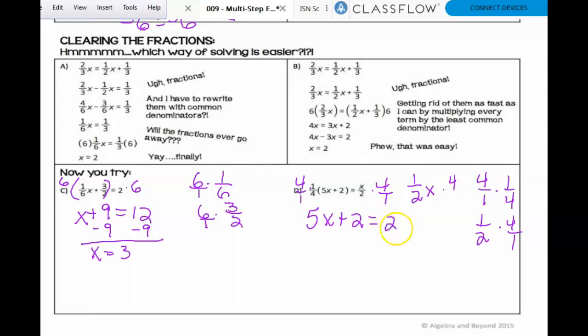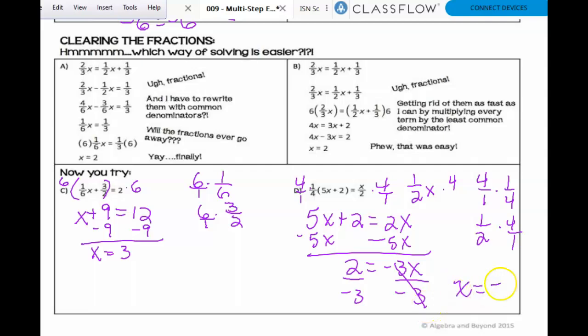So on this side, I have 2x. Very good. So I get 2 is negative 3x. And what do I divide by? I divide by the negative 3. So I get a negative 2/3.